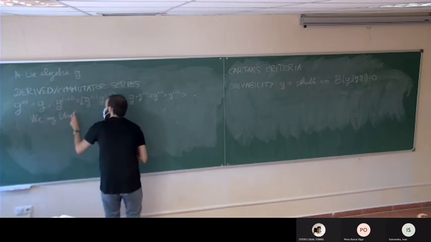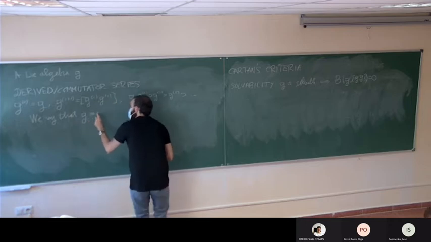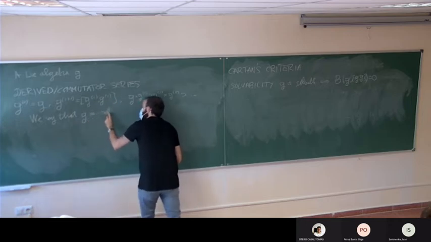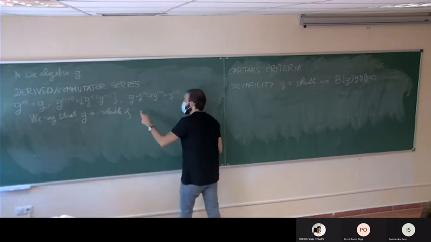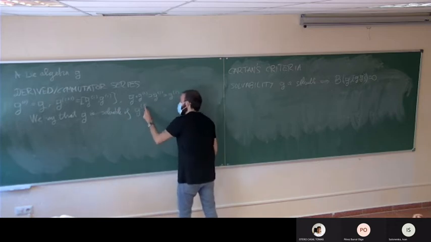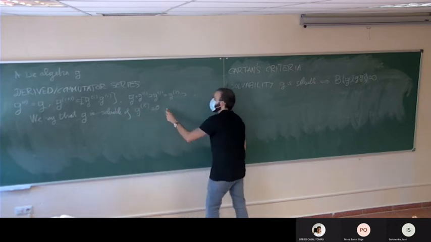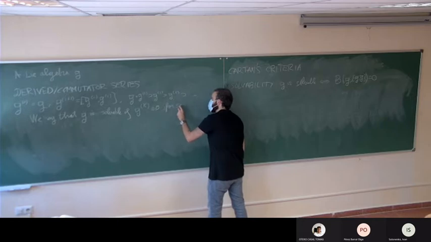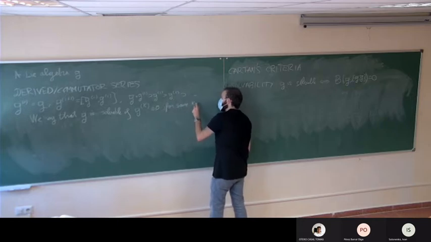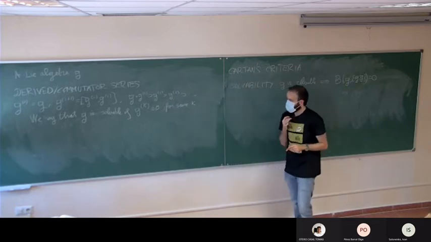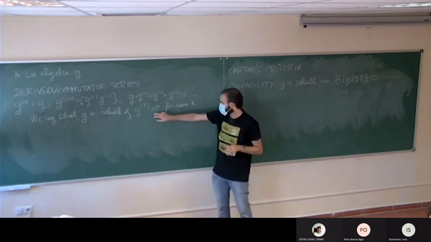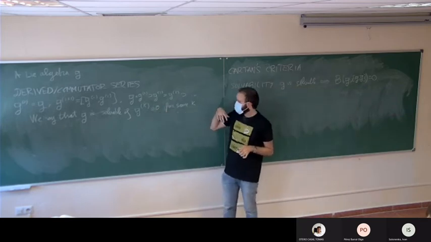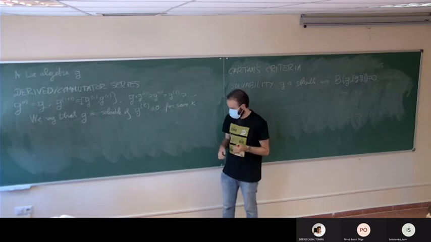You say that G is solvable if G_k equals 0 for some k. And when we're thinking of the minimum k for which G_k is 0, we say that G is solvable in k steps.